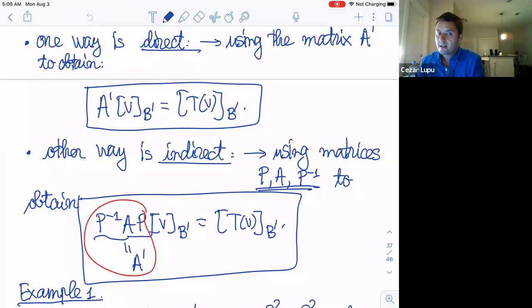We will see that A prime, obtained in this way by P inverse times A times P, will be a matrix that is similar to matrix A. So A and A prime are similar. But anyway, we'll get there and we'll explain.